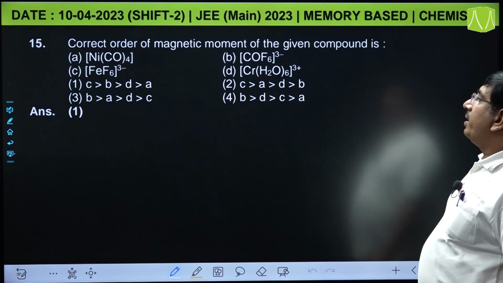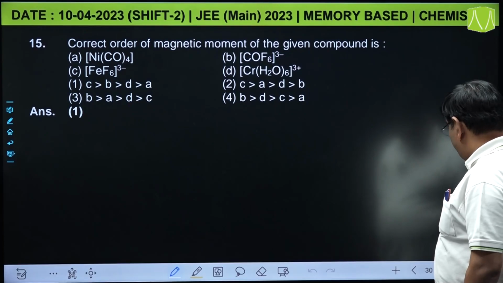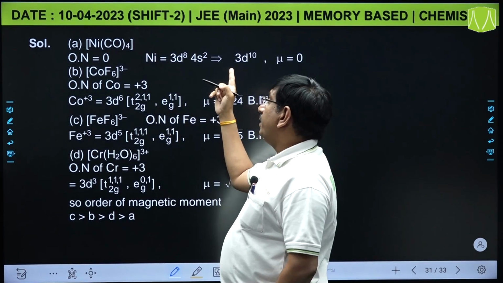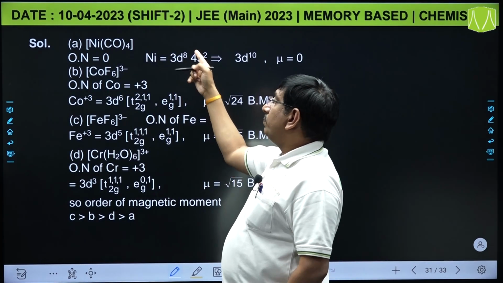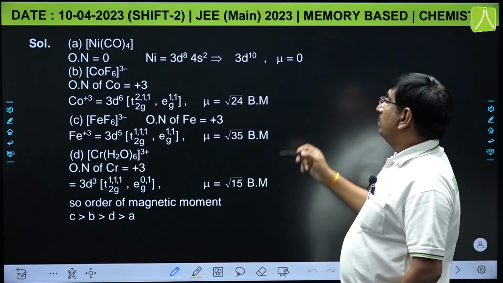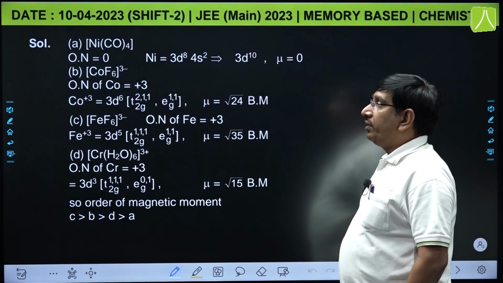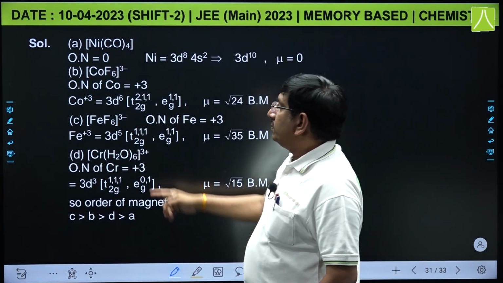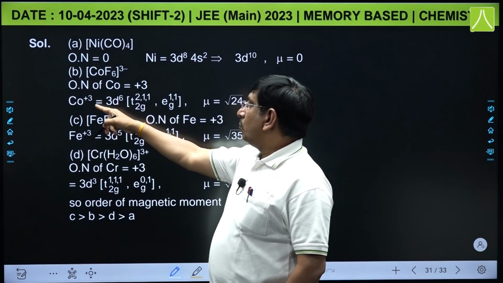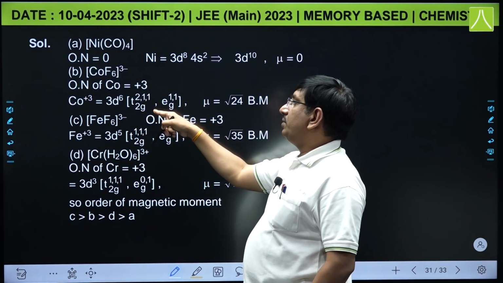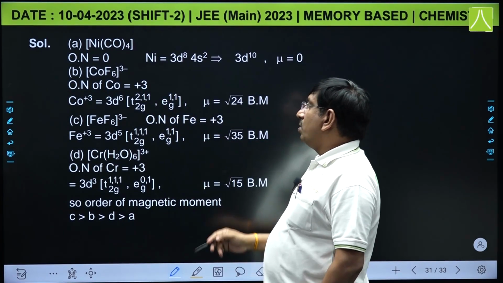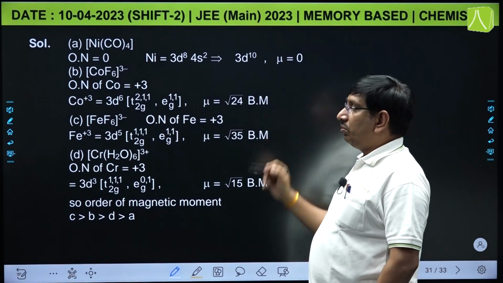Next, the correct order of magnetic moment of the given compounds. The first complex is nickel tetracarbonyl, in which nickel is in 0 oxidation state and has 3d10 configuration; 3d8 4s2 can be adjusted to give 3d10 because it is a strong field ligand. So, the magnetic moment can be 0. In CoF6 3 minus, the oxidation number of cobalt is plus 3, and cobalt 3+ has 3d6 configuration, t2g4 eg2, because fluoride ion is a weak field ligand, and the magnetic moment can be root over 24 BM.